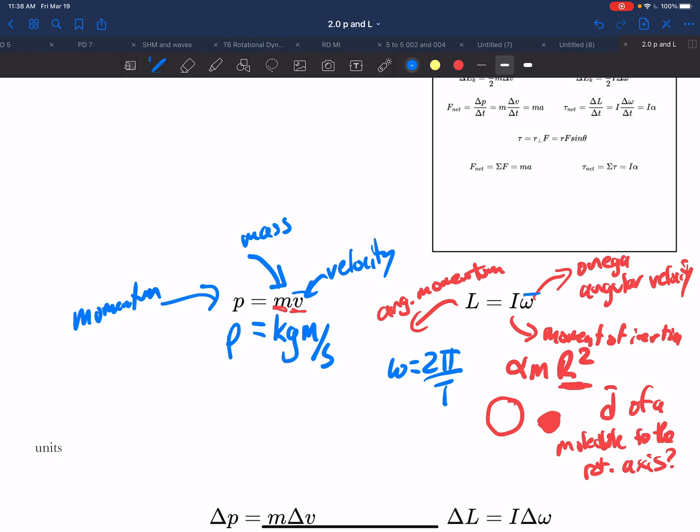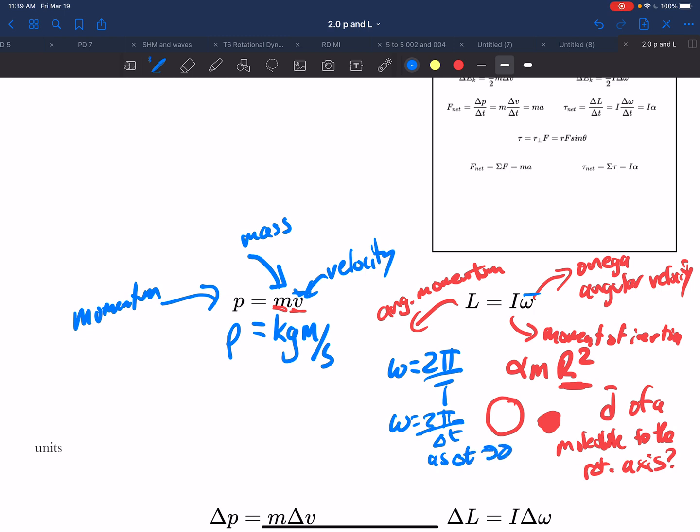But if we want it for an instant in time, we would use the instantaneous linear velocity or the instantaneous angular velocity, which would be 2 pi over delta t as delta t goes to 0.